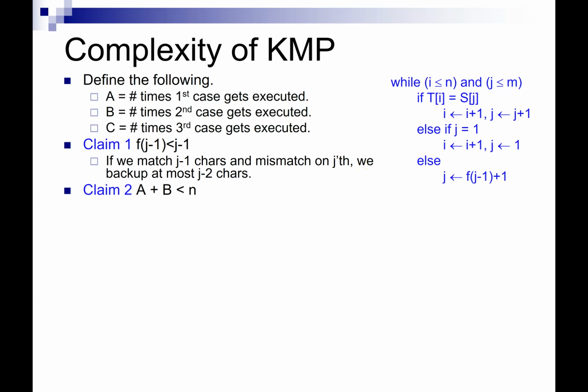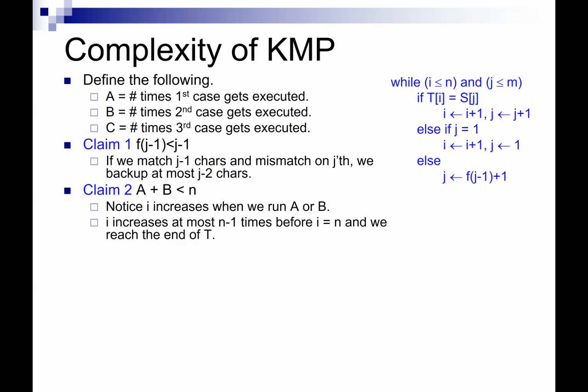The next claim is that the number of times you run the first case plus the second case is going to be at most n. The reason for this is that i increases each time you run the first case or the second case, and i never decreases, because the third case does not decrease i.